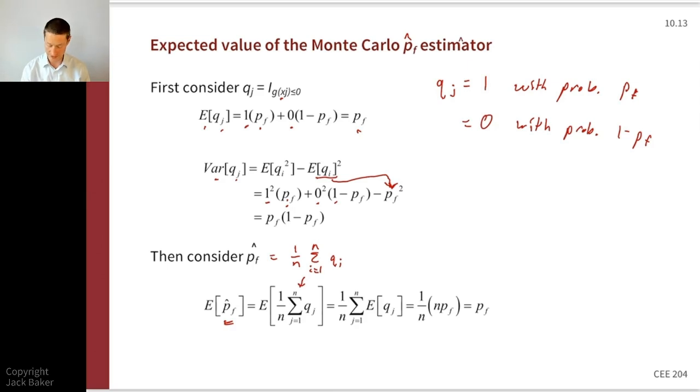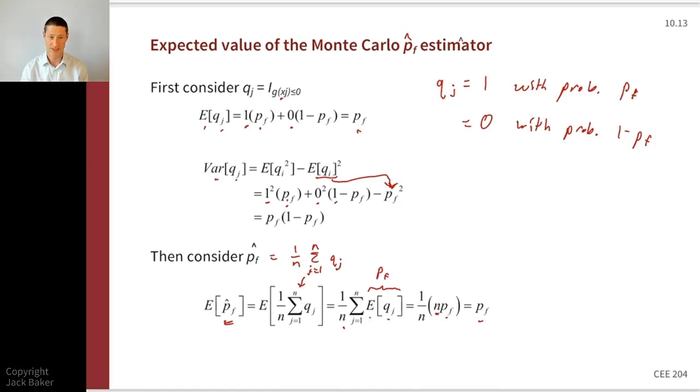Sorry, I used i and j on all these indices. So the 1 over n can come outside the expectation. The summation, we can break that apart and just compute the expected value of qj in here, and that expected value we have at the top of the slide is equal to pf. So we end up with 1 over n times n terms out of the summation j equals 1 to n times pf, and the 1 over n and the n cancel, so we end up with just pf.